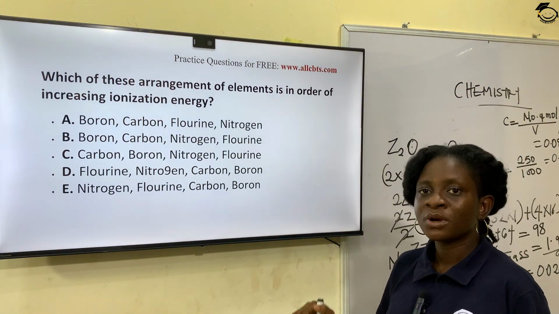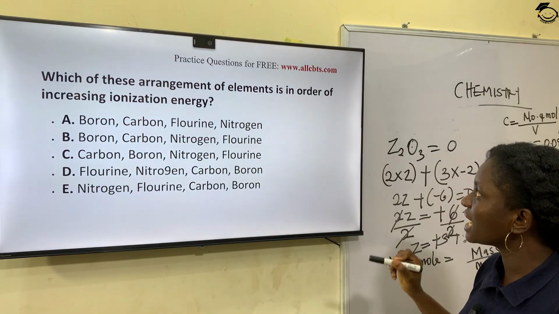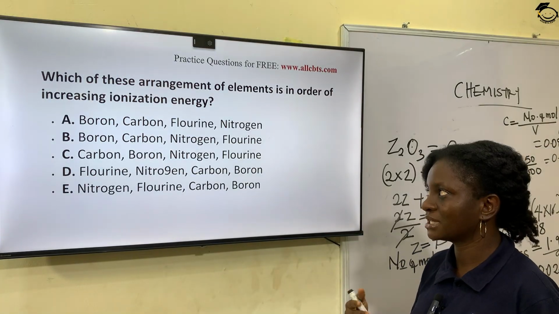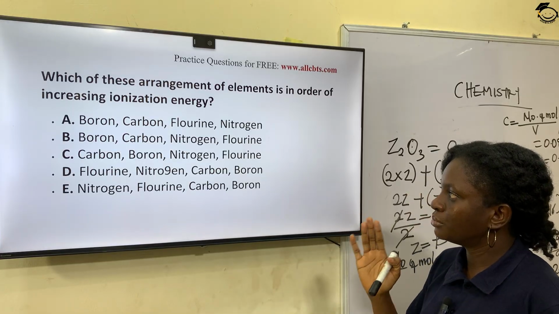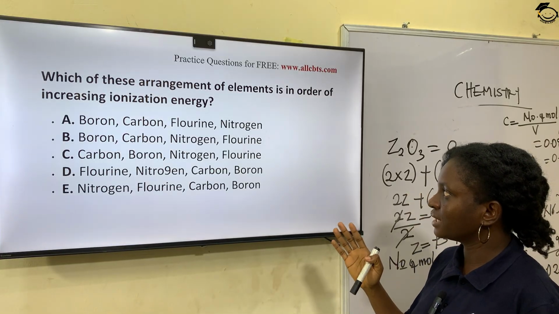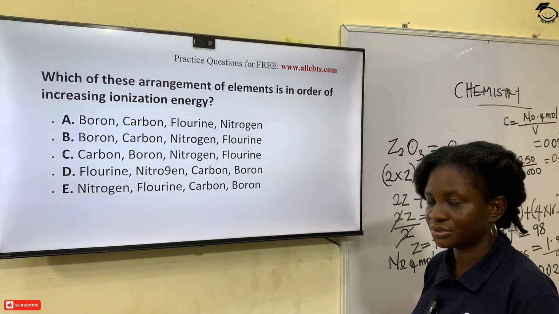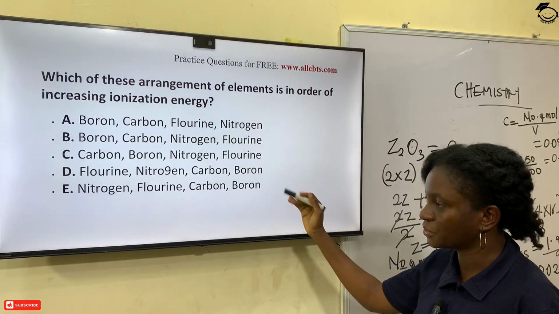Next question. Which of these arrangements of elements is in order of increasing ionization energy? A, boron, carbon, fluorine, nitrogen. That means we are moving from left to right in the periodic table. B, boron, carbon, nitrogen, fluorine.